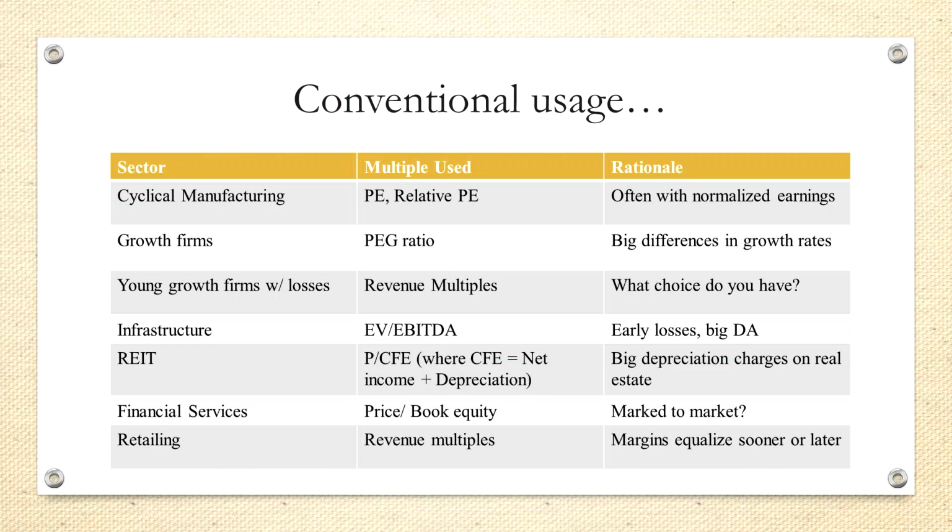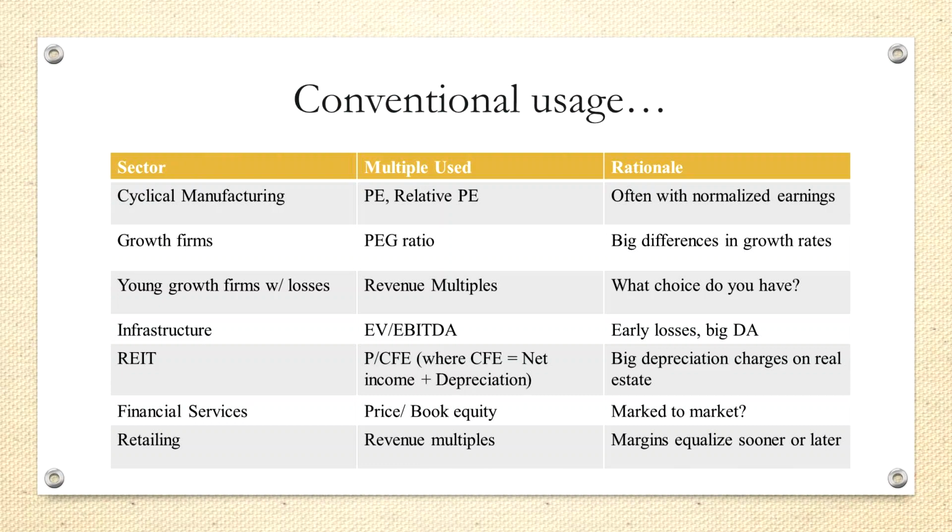For infrastructure companies, which typically have high leverage and low risk, the EV to EBITDA ratio would be a very useful tool for you to utilize. And also infrastructure companies tend to have big depreciation amortization, and the EV to EBITDA ratio captures that. I mean, depreciation amortization is a key determinant of the EV to EBITDA ratio.